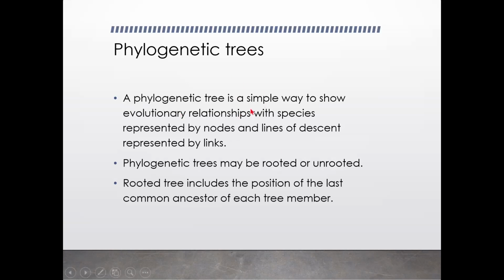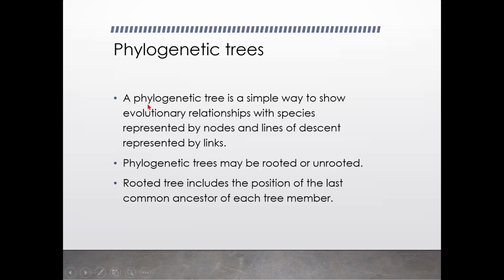And what are these phylogenetic trees? A phylogenetic tree is a way to show the evolutionary relationships of species, with species represented by nodes and lines of descent by links. As I mentioned in the previous slide, a phylogenetic tree is a specialized graph used for representing the evolutionary relationships of species.